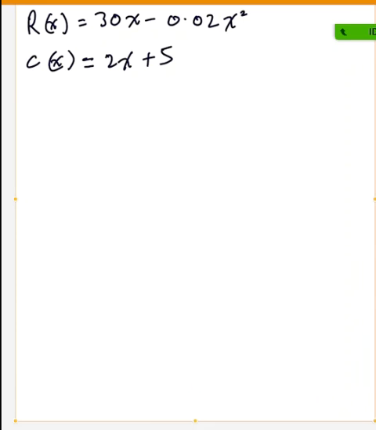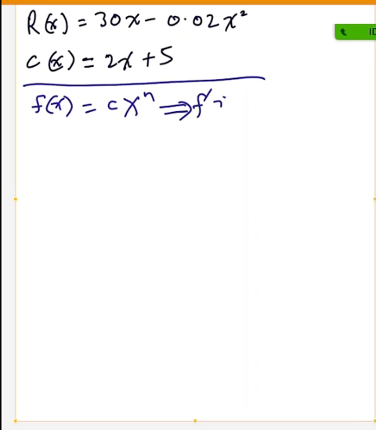The power rule states that if you have a function, say f of x equal to some constant, this can be 1, 2, 3, whatever, times x raised to the power n, then the derivative of such a function, f prime of x, will be equal to the constant times the power, x raised to the power n minus 1.